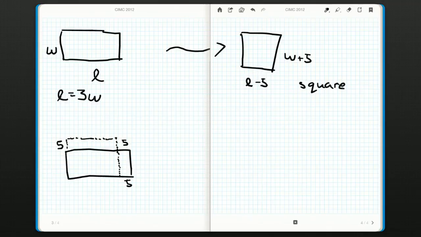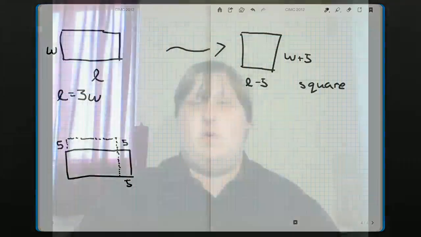Now what we want to do is combine information here. We have L equals 3W. The length is 3 times the width. That's an equation we have from the first one. What we want to do is get another equation with our new information, substitute it in, and try to solve for the proportions of the rectangle. But all we know is that if we decrease the length by 5 and increase the width by 5, we get a square.